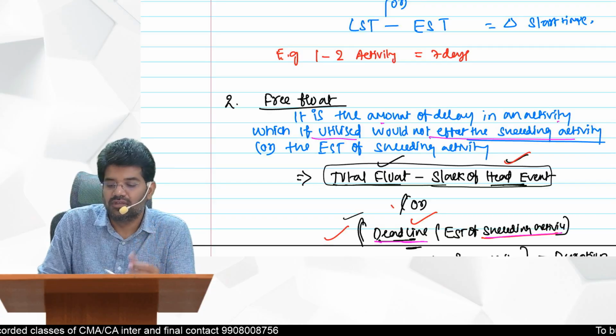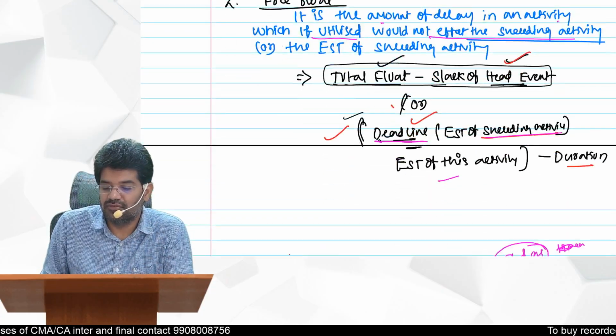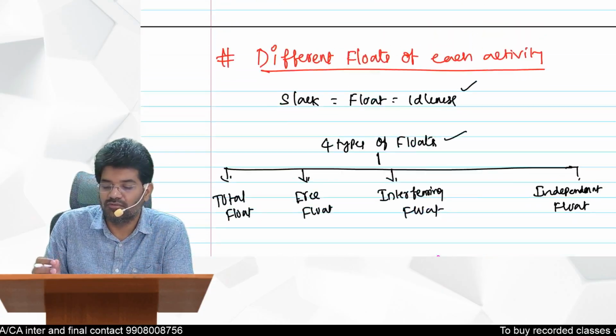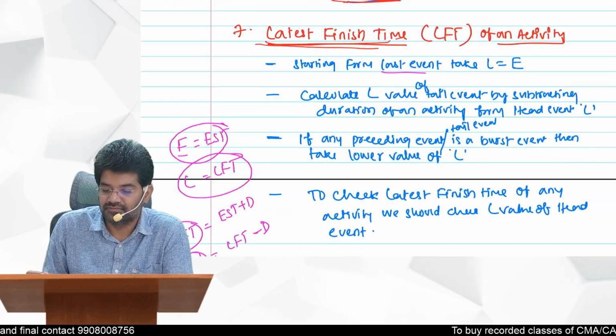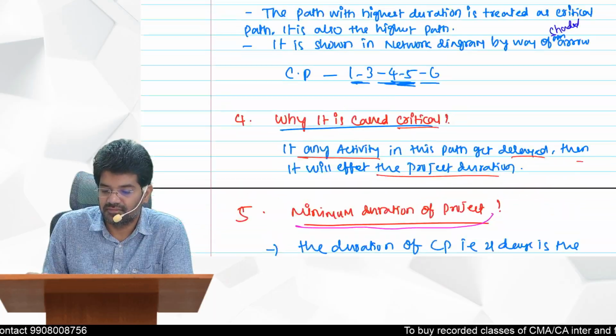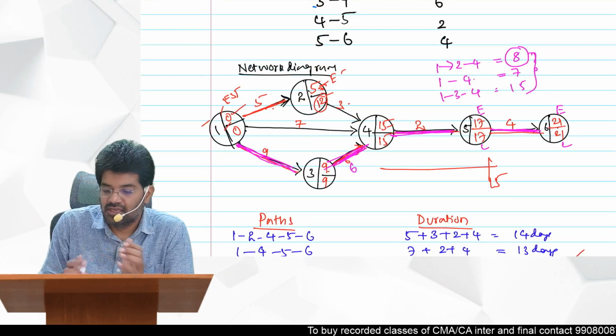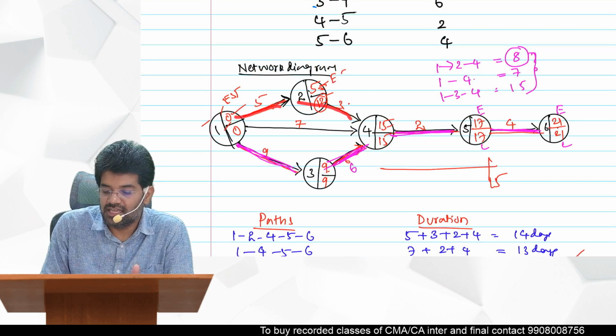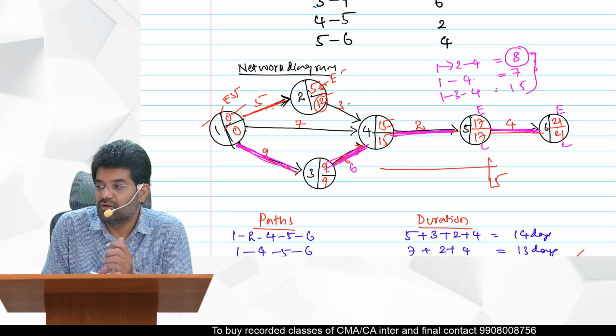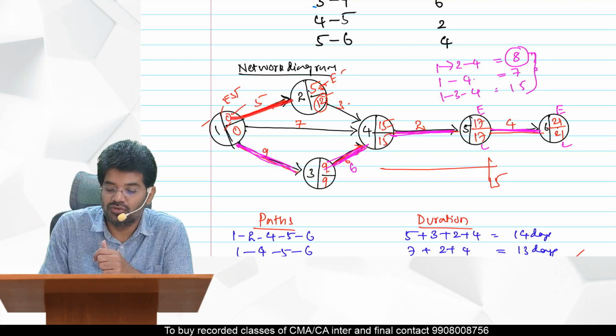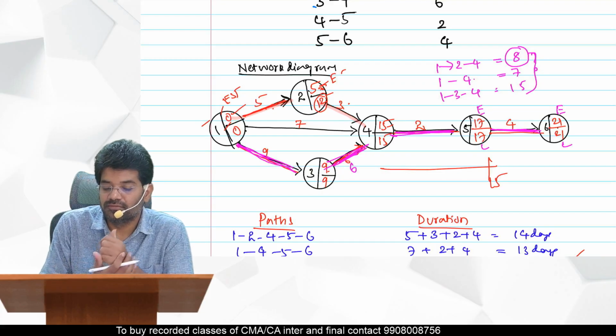So how logically one has to calculate free float is, now we know from this diagram, see this diagram, in this path we know that there is a total float available to 1 to 2, 2 to 4.